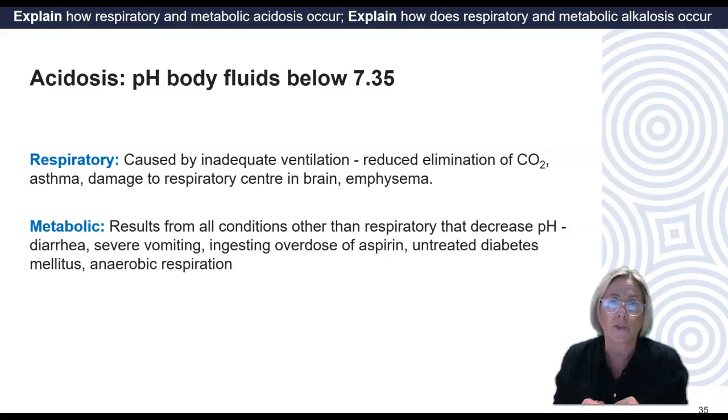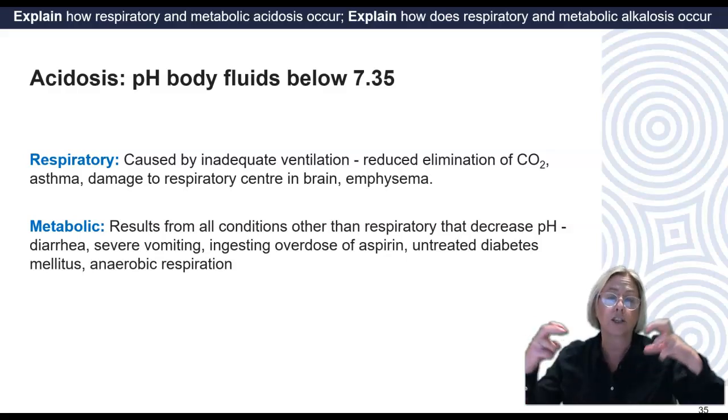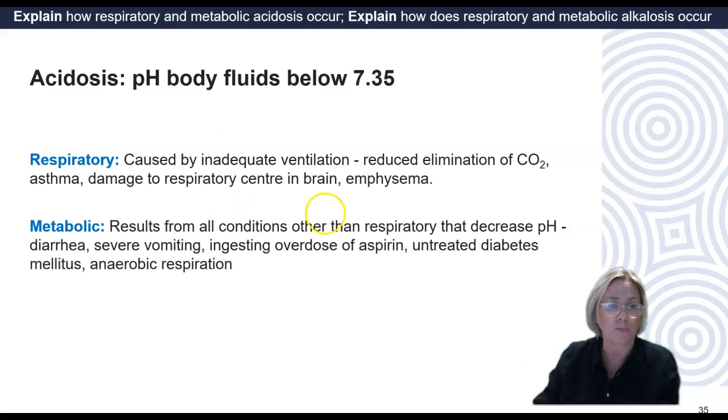Metabolic acidosis, on the other hand, is any other type of acidosis that's not caused by the respiratory system. So again, it does cause a decrease in the pH of the blood.